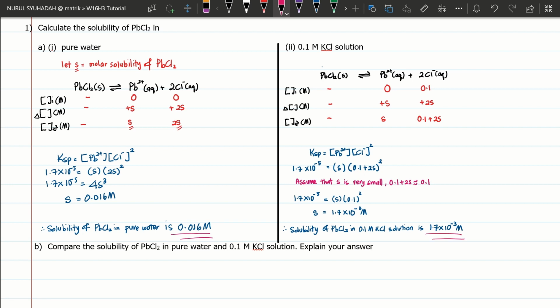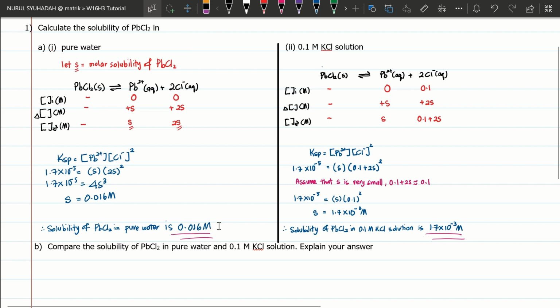So apa yang kita boleh nampak dekat sini? Solubility of PbCl2 inside pure water is 0.016, while solubility of PbCl2 in 0.1 molar KCl solution is only 1.7 times 10 to the power of negative 3. Okay, like I said, nilai solubility tu, nilai S tadi adalah nilai solubility. Berapa banyak yang larut? Berapa banyak larut ni berdasarkan berapa banyak ion yang kita perolehi.